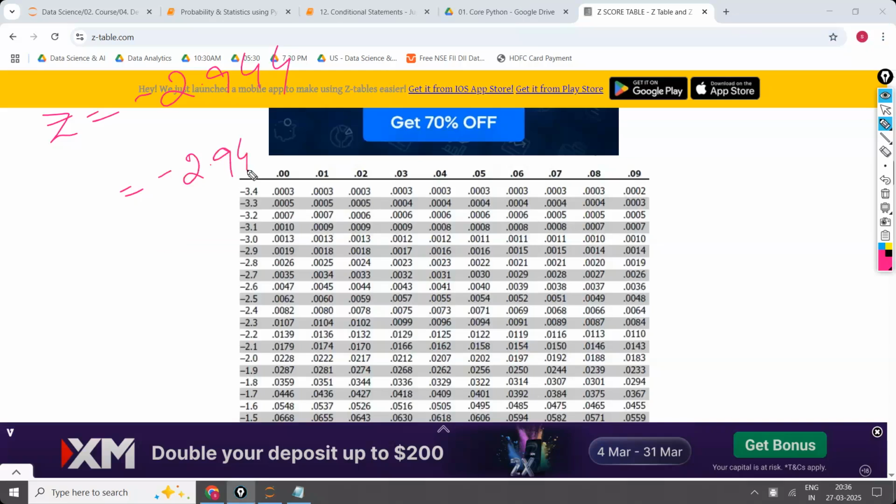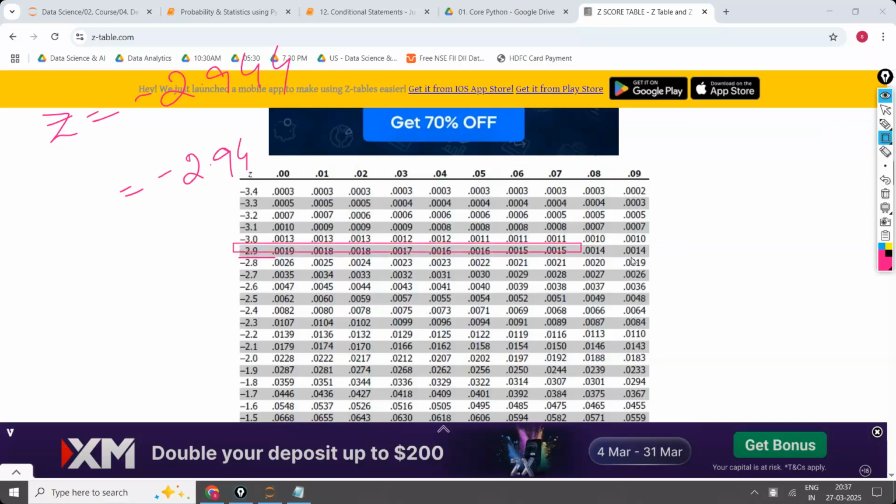That is okay, up to 2 decimals round figure. Now, first up to 1 decimal, where do you have to see? This one gives the 1 decimal. The second decimal is given by this one. This is your second decimal. Now tell me, 2.94 means up to 1 decimal, what do I have to take? 2.9. This line.